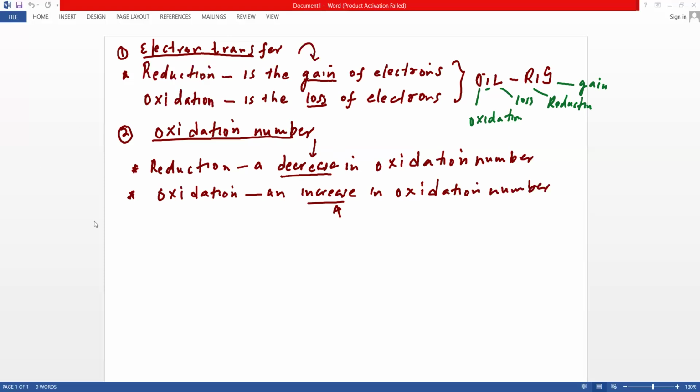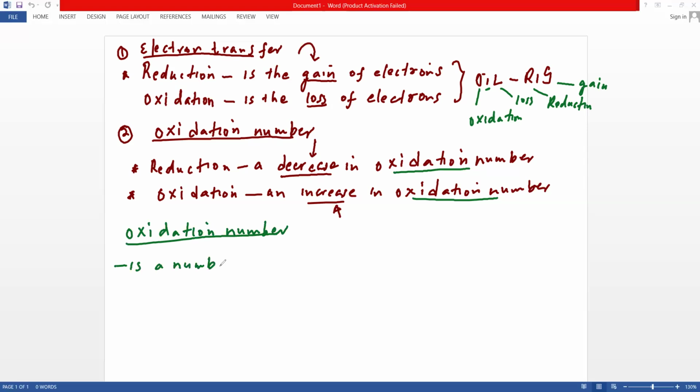But now, in the concept of the oxidation definition, one must know what an oxidation number is. Let's talk about oxidation number. This is grade 11 work.